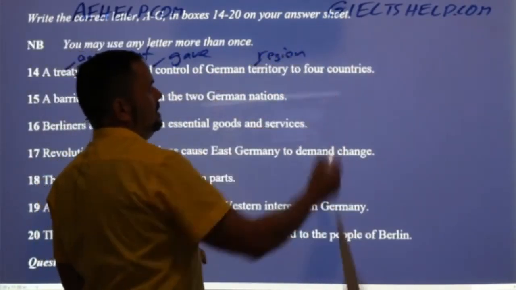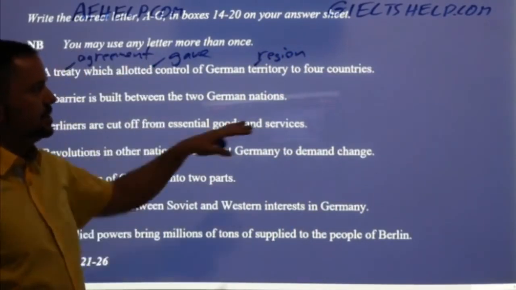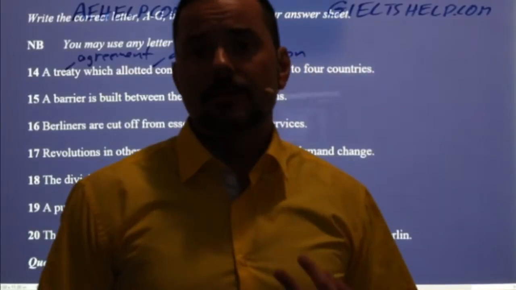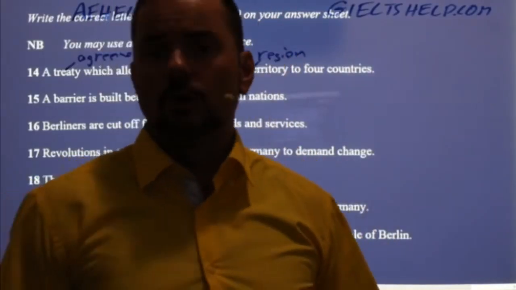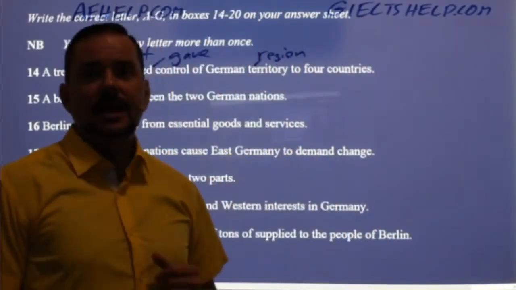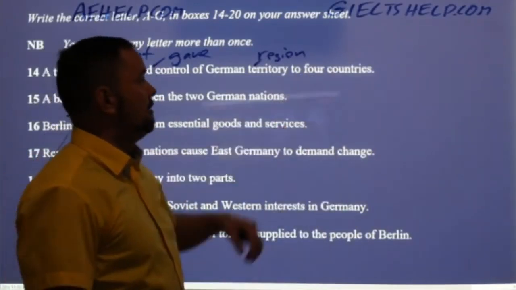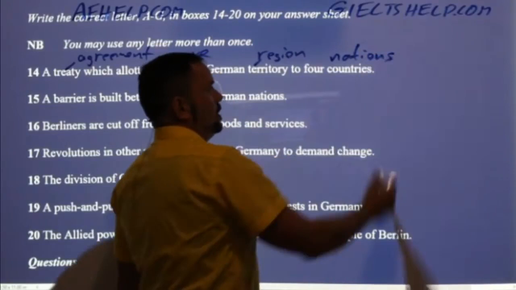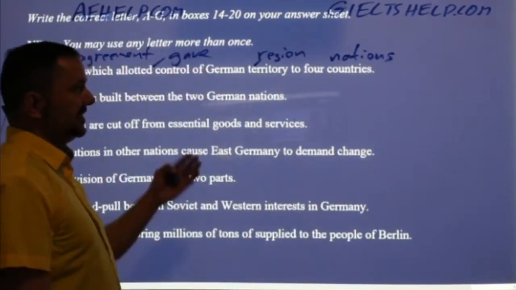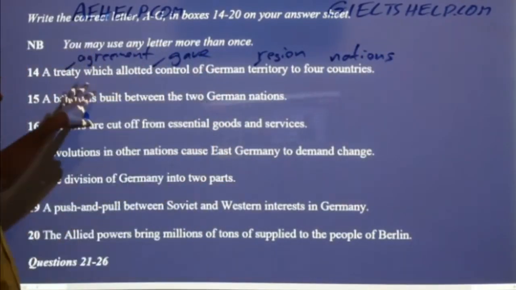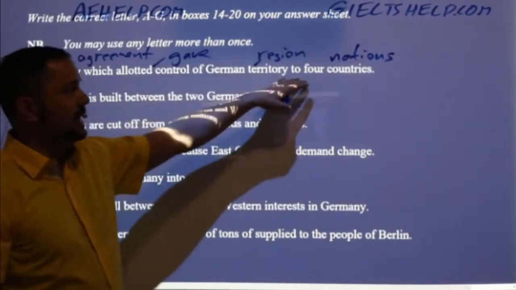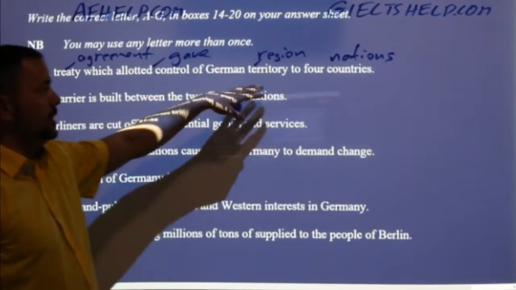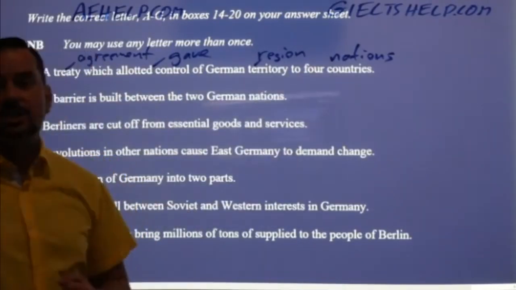So you want to be thinking of these kinds of synonyms as you read this, because in the passage you will likely not see the same words. You're going to see some different words which will hint at the information. Okay, 4 countries, 4 nations. So in your mind, when you're doing the actual exam, you want to kind of think about how to paraphrase. So an agreement that gave control of German regions to 4 different nations.